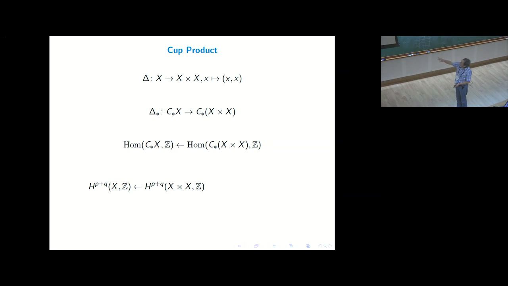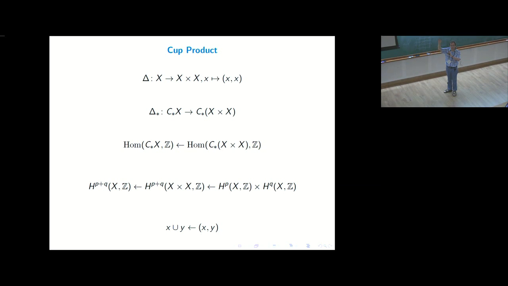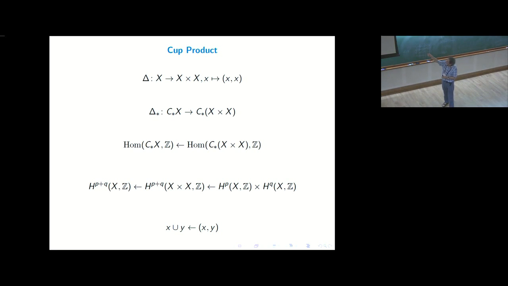If you take the cohomology of these co-chain complexes in degree p plus q, you get a map on cohomology. It's not too difficult to convince yourselves that if you take a cohomology class of degree p and a cohomology class of degree q, and you take their direct product, you get something which maps to 0 but is of dimension p plus q, so you actually get a cohomology class, and so you get what's called the cup product. And the only issue in putting this on a computer is delta star.